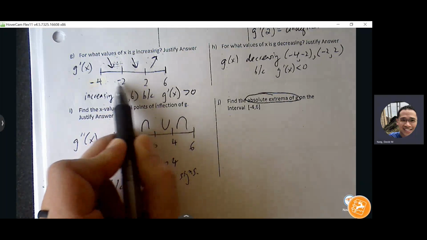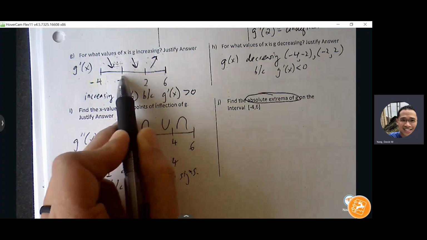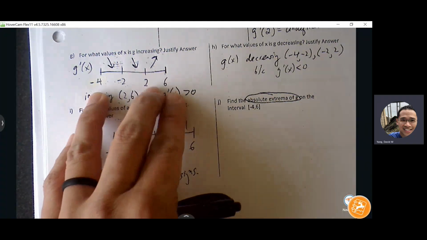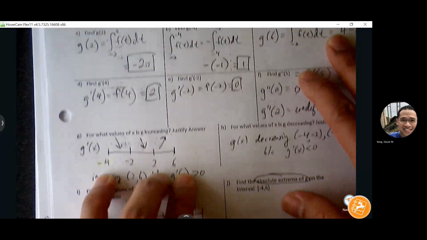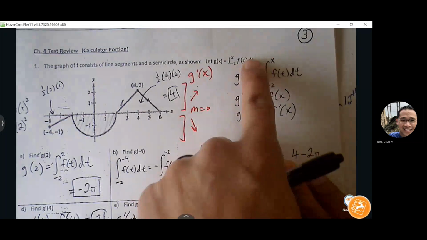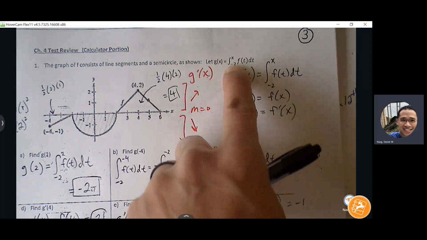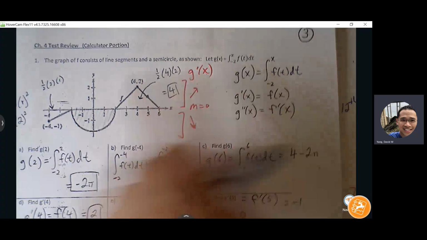Yeah, it's neither a relative max nor relative min, so we can get away without testing this one. There's no chance a point that isn't a relative max or relative min can ever be an absolute extremum. So you only have to test 3 points here: -4, 2, and 6. And how do we test these points? We plug them into the G of X formula. This is going to help get us the physical y values of the G graph that we don't see in front of us. That way we can compare the y values.